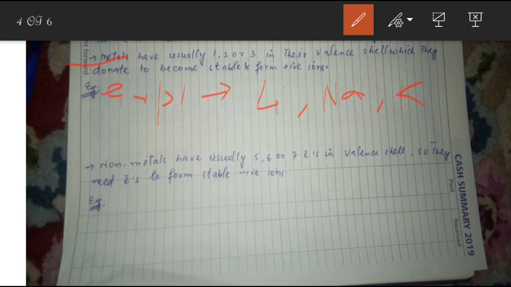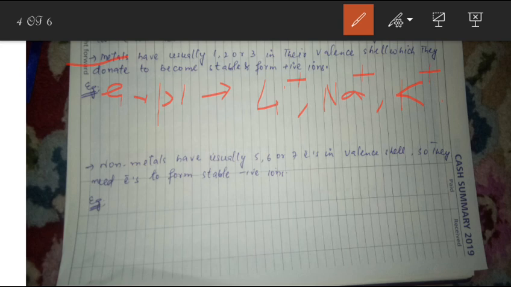You know that they have only 1 electron in their valence shell. When they lose the electron, they get converted into Li positive, Na positive and K positive.